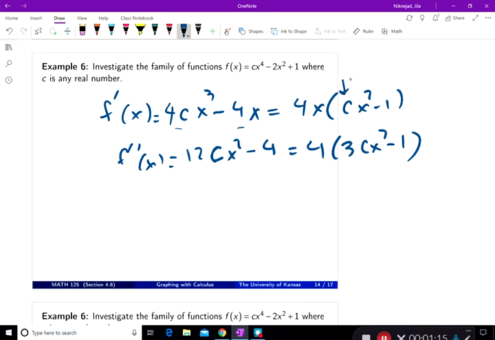If c is a negative value, then the root of f prime is only 0. But if c is a positive value, f prime has 3 roots. And for f double prime, if c is negative, there are no roots. If c is positive, there are 2 roots for f double prime.